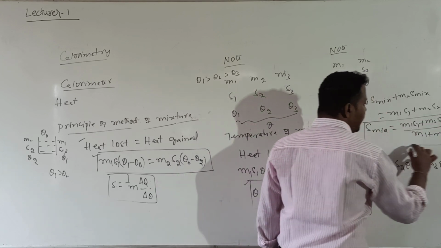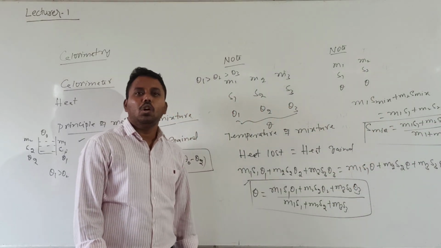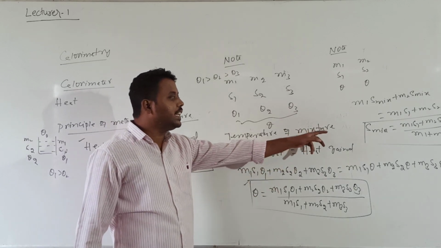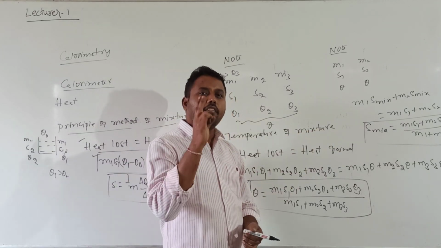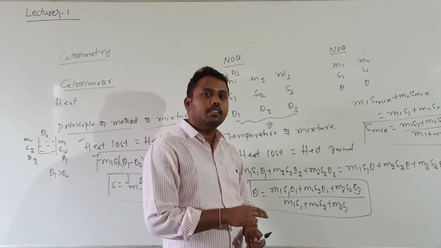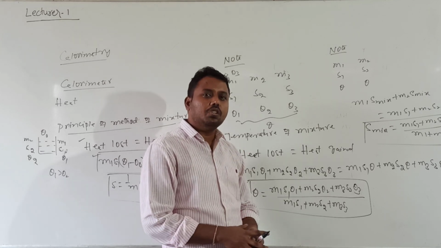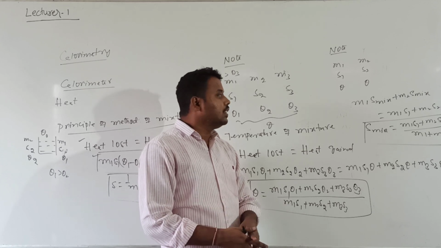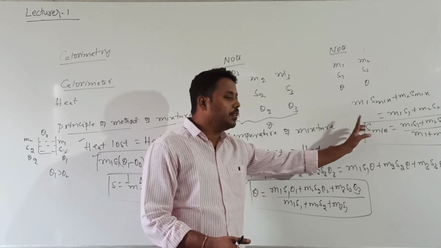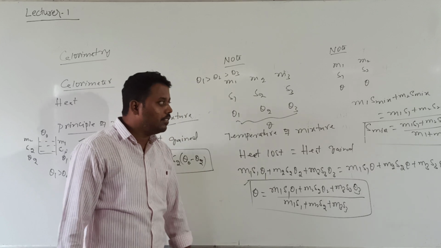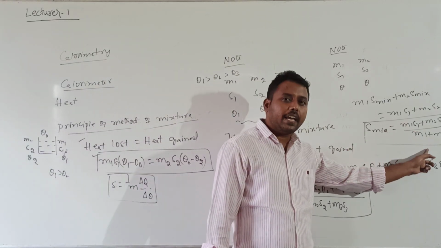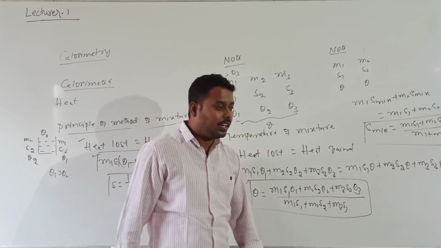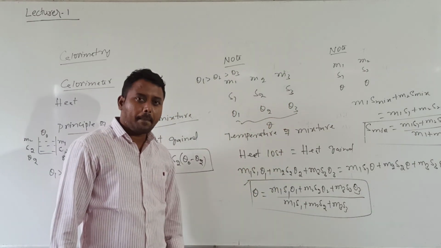This is the formula to calculate the specific heat capacity of a mixture of liquids. When two liquids of masses M1 and M2 and specific heats S1 and S2 are mixed, the specific heat capacity of the mixture is given by M1 S1 plus M2 S2 by M1 plus M2. Clear?